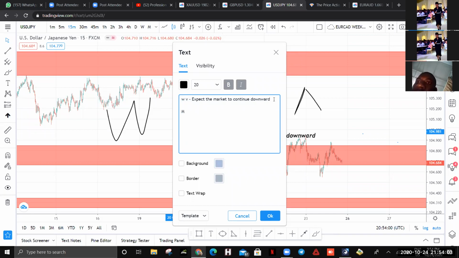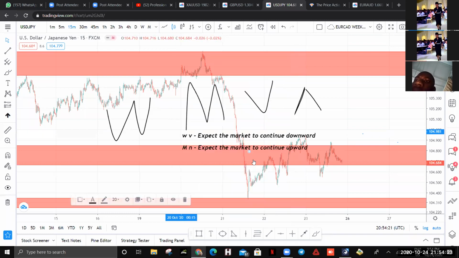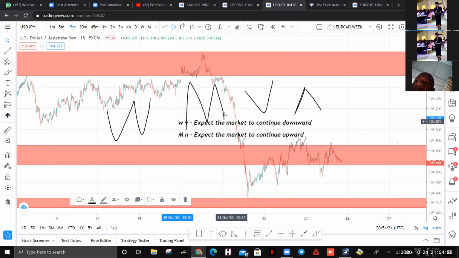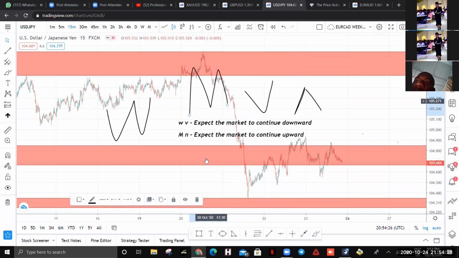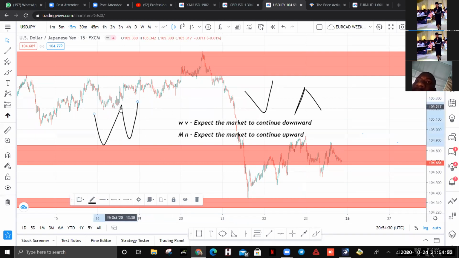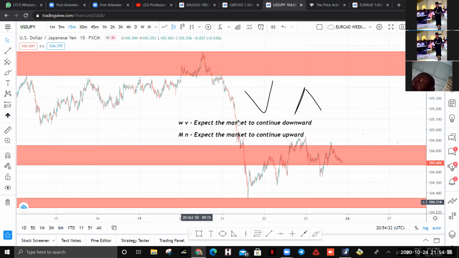I'm going to use a small letter because I can't find this cone. So I use a small letter so you understand that this expects the market to continue upward. I'm sure this is better, right? Let me delete this. I'll still draw it back so you understand.